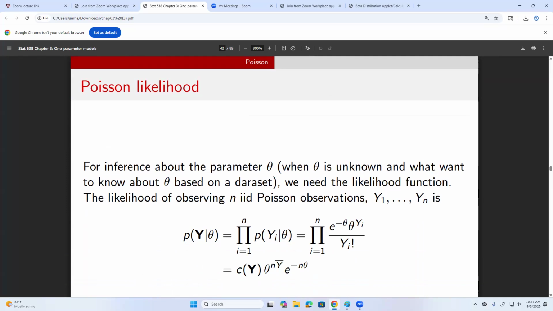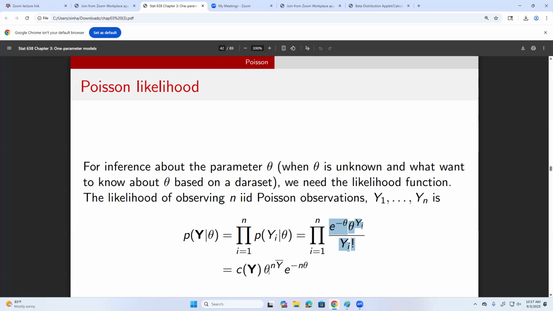So these are observations. If you have n observations, and if they are independent and identically distributed, then the likelihood will be the product of the probability mass functions evaluated at those observed values. This is the probability mass function for the Poisson distribution.